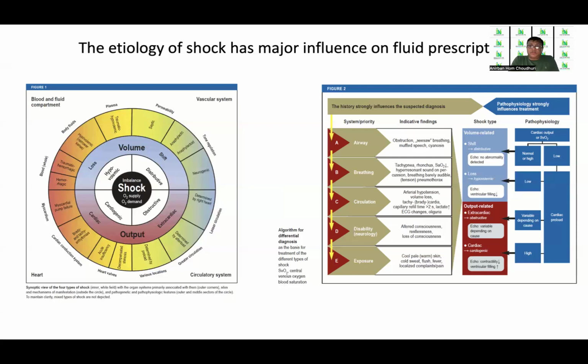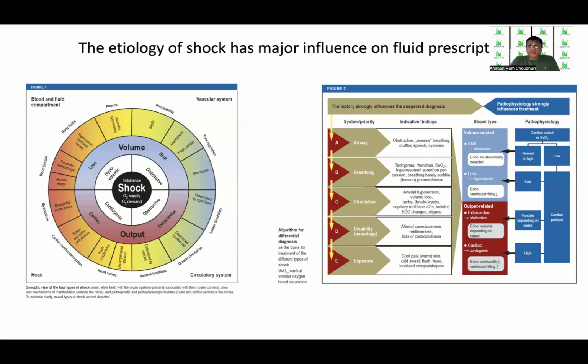So the etiology of shock needs to be understood in any particular patient. And if there is more than one element, then the preponderance of the particular type of shock needs to be accounted for in determining the amount and duration of fluid resuscitation.